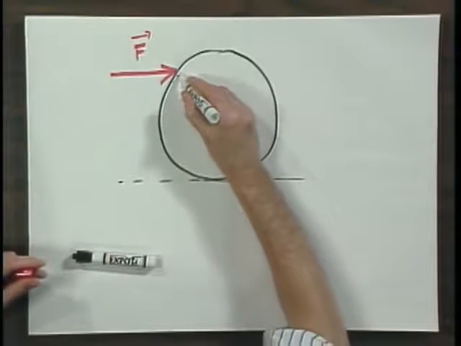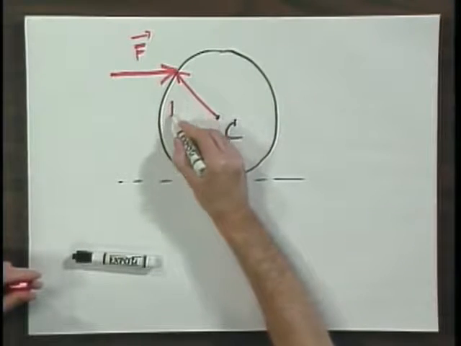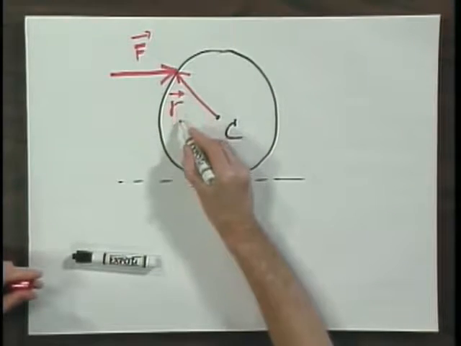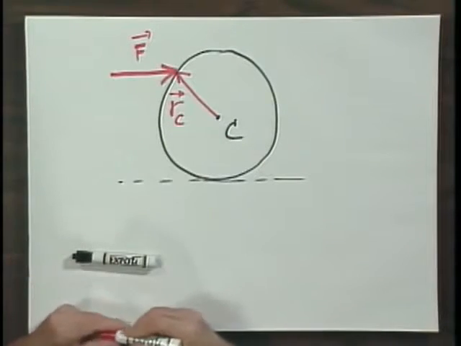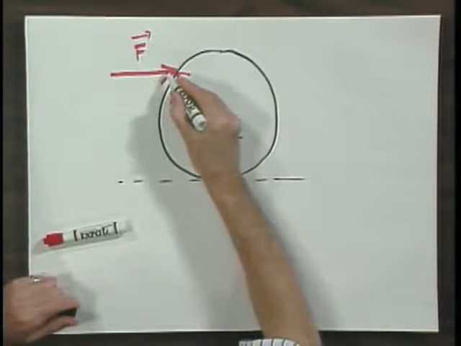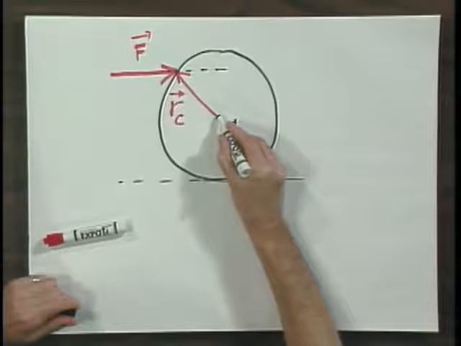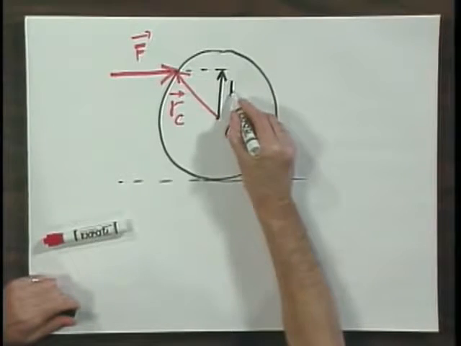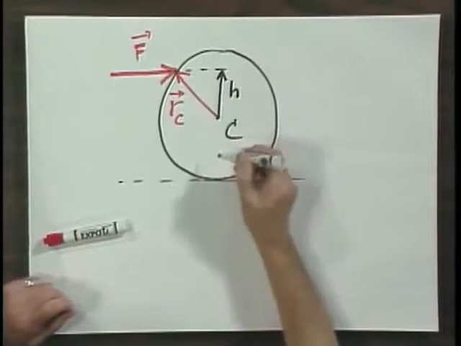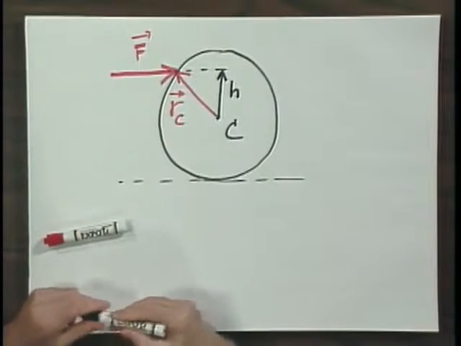And at any moment in time, I have here the position vector, which I will call r of c. And this distance here we have called h. And we'll call h positive in this direction, and we'll call h negative in this direction.